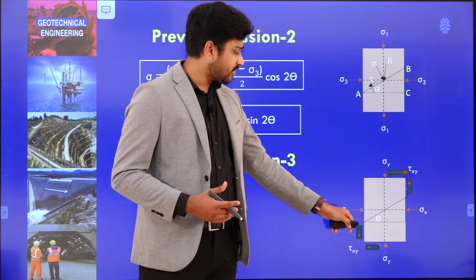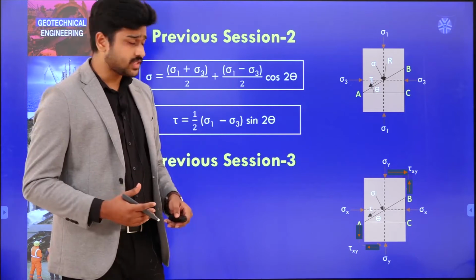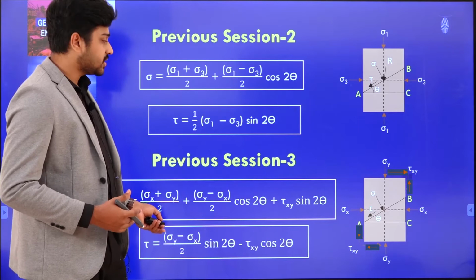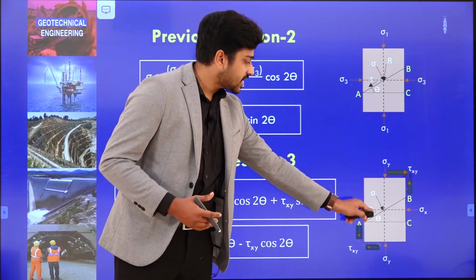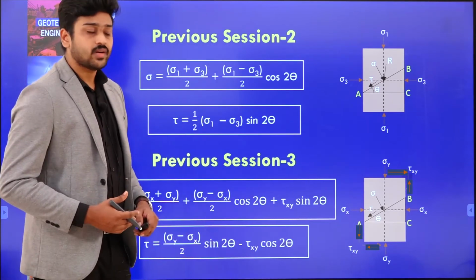Similarly, we considered a wedge with a failure plane making an angle theta, ABC. For this also we obtained two expressions for the shear stress as well as the normal stress on this failure plane.